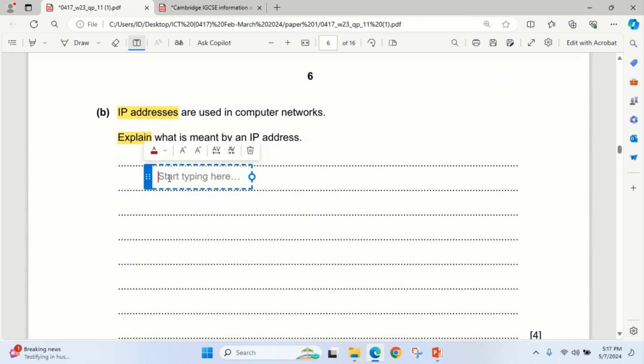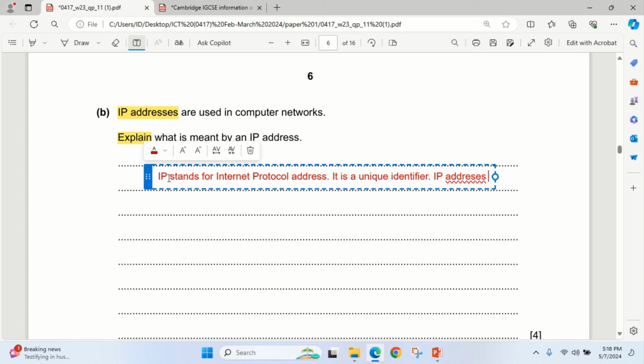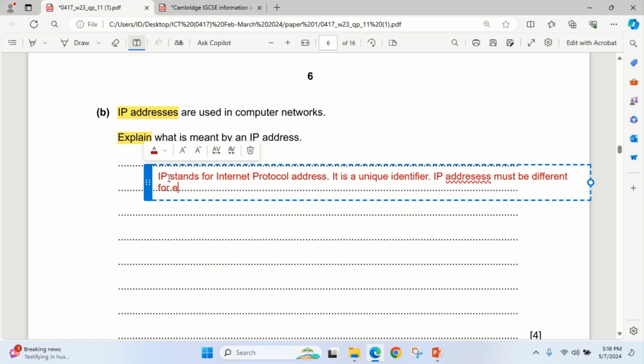So you could start by saying IP address stands for internet protocol address, and you say it is a unique identifier. How do we mean by that? Because an IP address must be different for each device on the network.